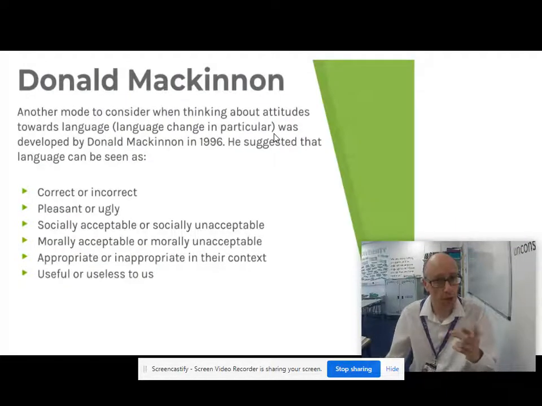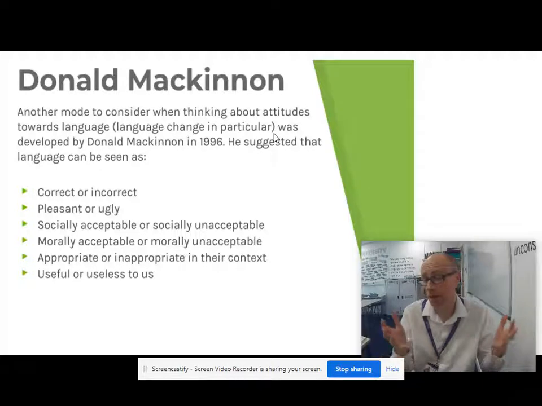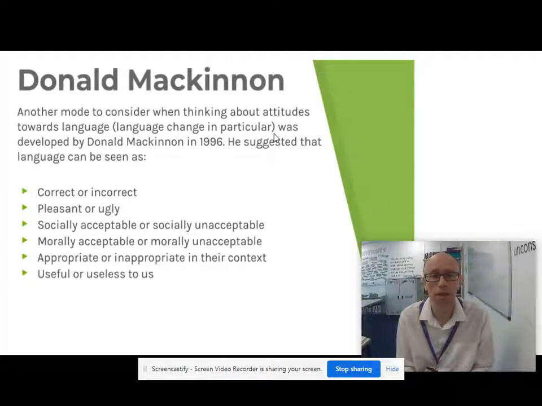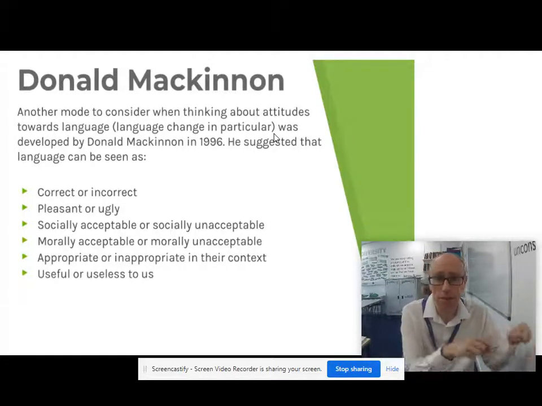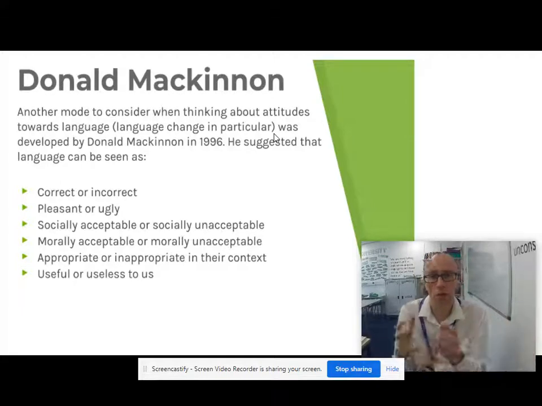You could also talk about the wonderfully Scottish name of Donald MacKinnon, a linguist who characterised the language used in the media when journalists are talking about language, and suggested that a lot of it is about binary opposites, that the representations of language in the media are often this or that, correct or incorrect.